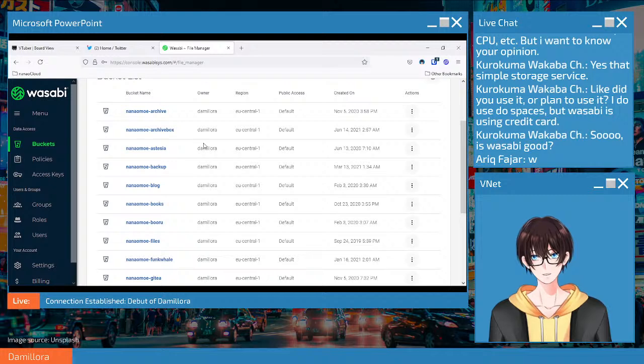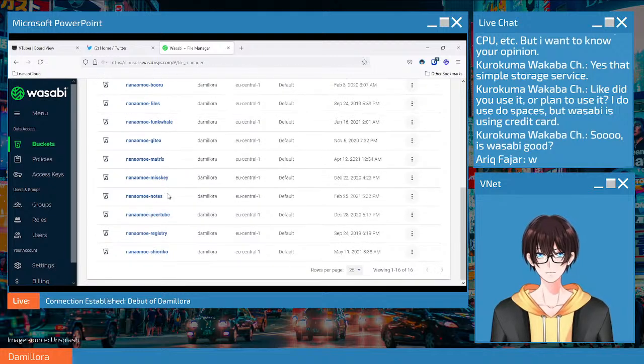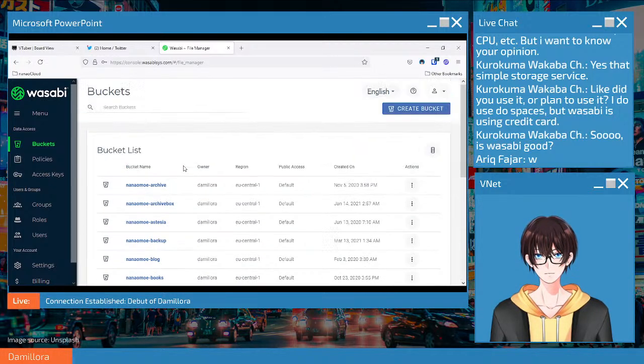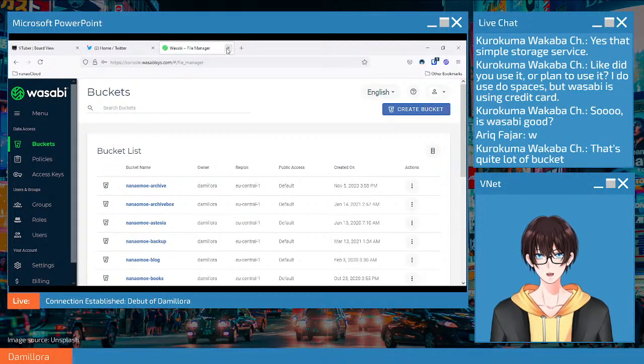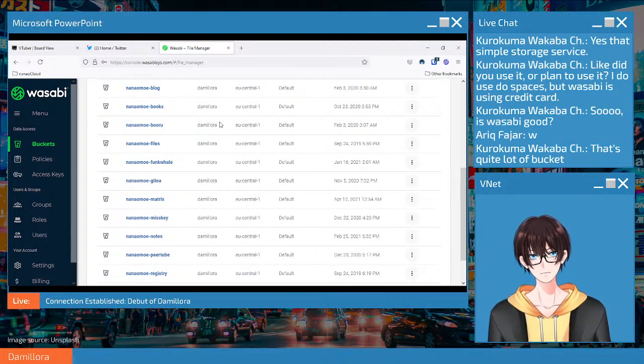I won't dive into them further because of the sensitive nature. These are the things that I host on Wasabi. That's quite a lot of buckets, because I host a lot of services.